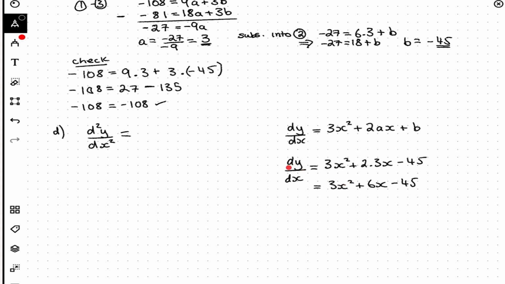So I want to now find my second derivative. So I differentiate this gradient function, the first derivative, again. I end up with 6x plus 6. That's my second derivative, and one of the uses of this is to find whether we have a local maximum or a local minimum at this point, where x equals 3, because it was at the point 3, minus 70.